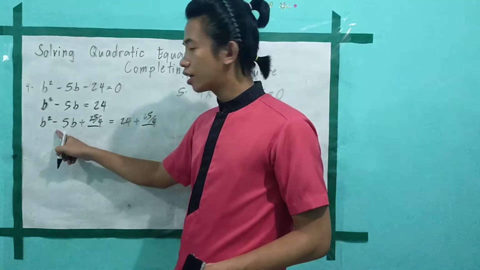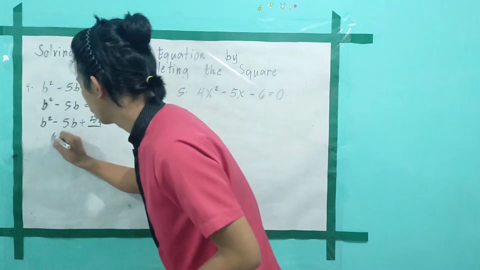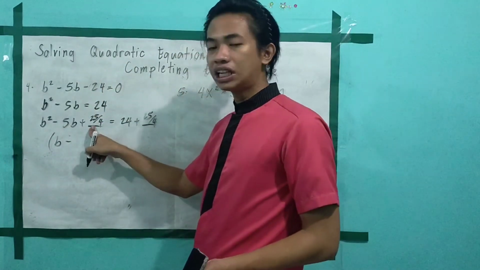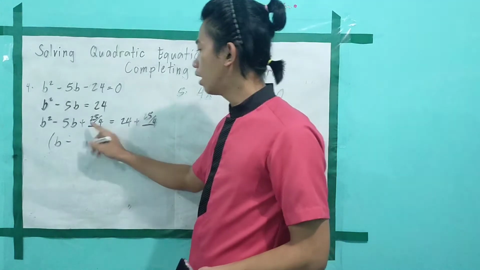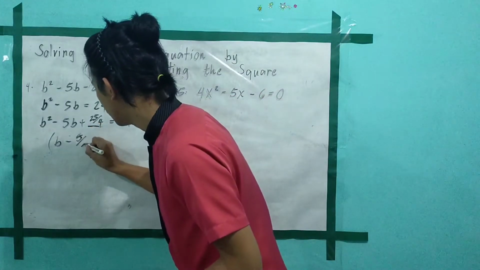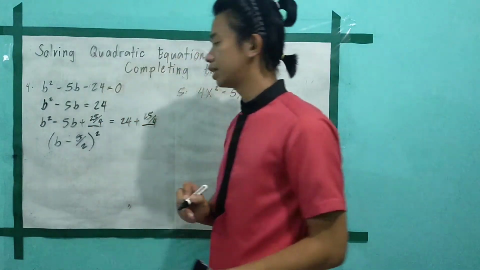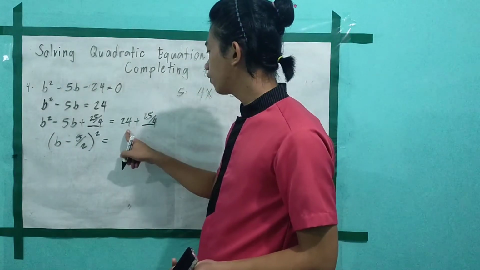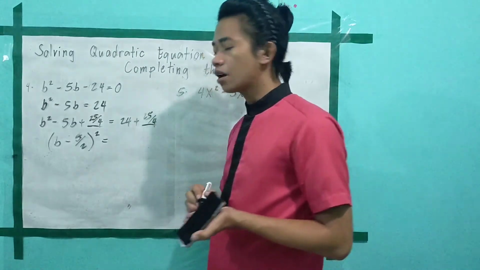Next, i-factor out natin siya. So we have b less square root of 25 over 4, we have 5 over 2 squared is equal to 24 plus 25 over 4.